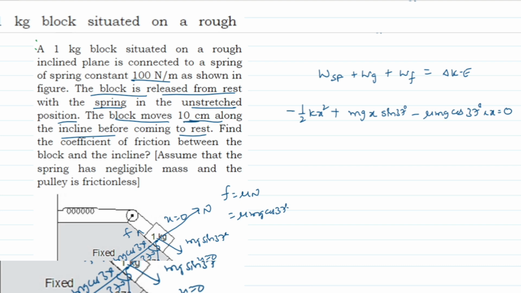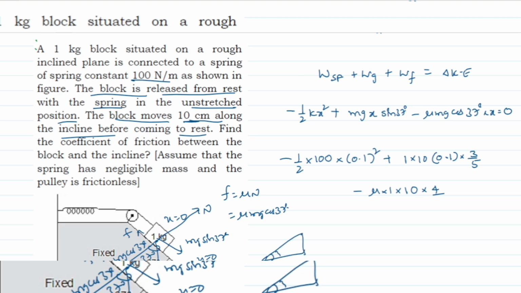Here the block moves 10 centimeter, already it's given, you just put the values: minus half into k, value 100, into 0.1 whole square, plus 1 into mass 1 kg, g you can take as 10, x is nothing but 0.1 meter, sin 37 value will be 3 by 5, minus mu into 1 into g value 10 into cos 37 value 4 by 5, this is 37 degrees, this is 3 4 5, cos 37 value will be 4 by 5, into 0.1, which will be equal to 0.